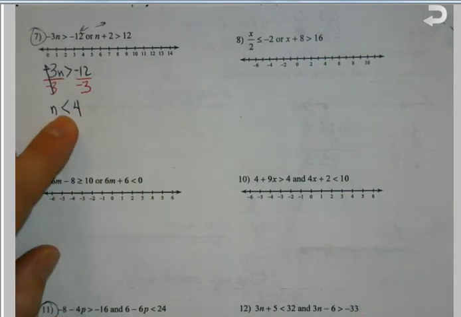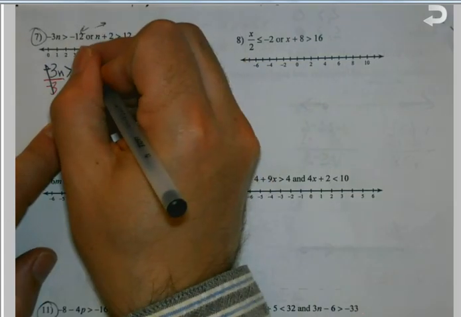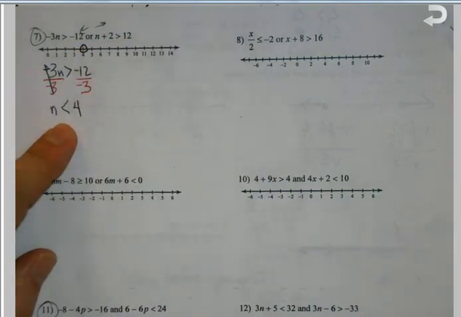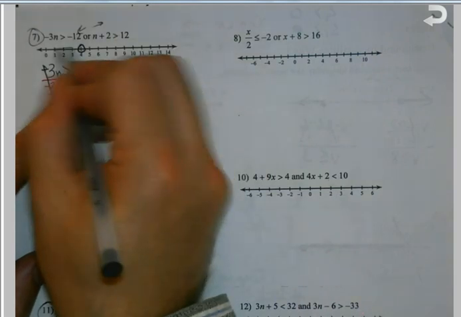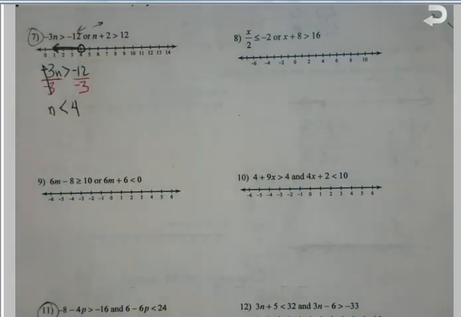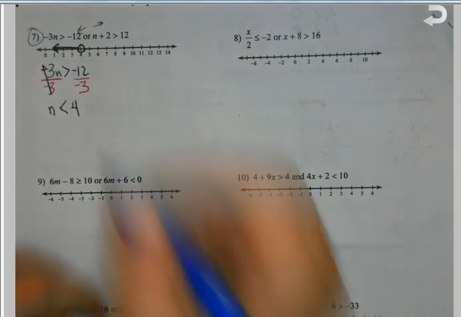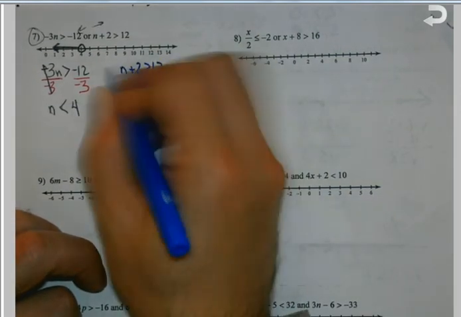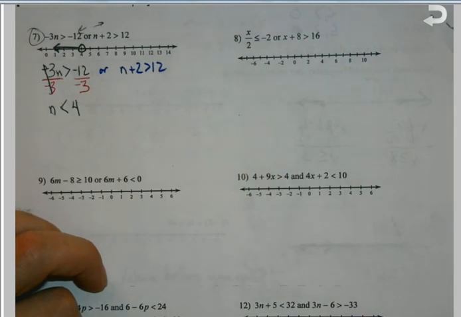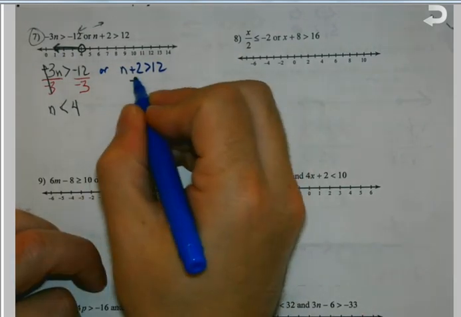So again, if n is less than 4, open circle, less than, because the arrow's pointing at n, means left. So this other one, if I'm doing things right, probably is going to be going to the right. So let's see, undo +2, I got a -2.